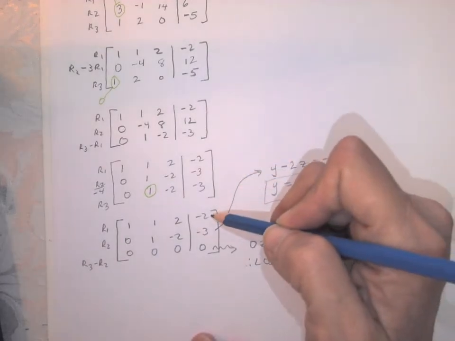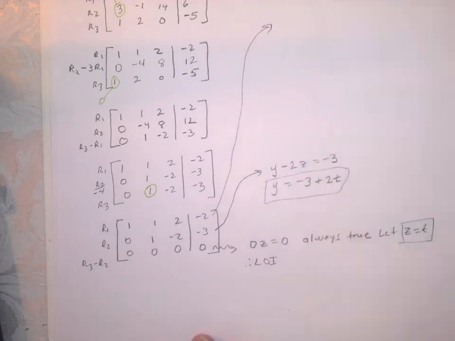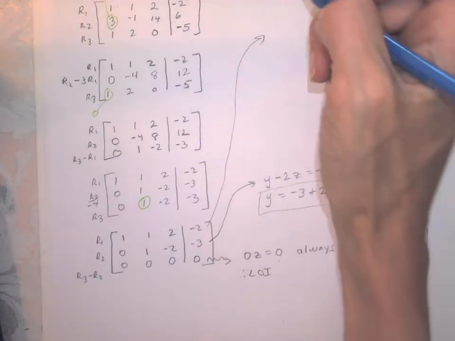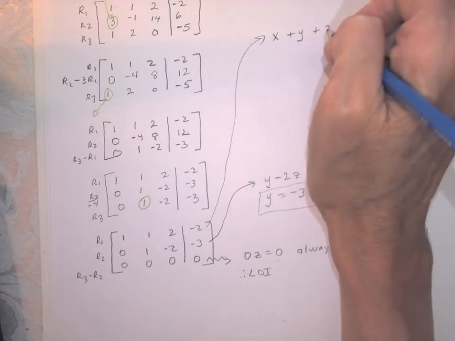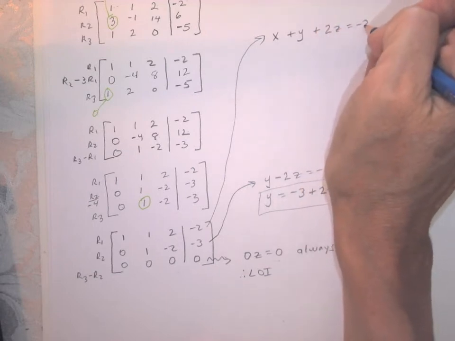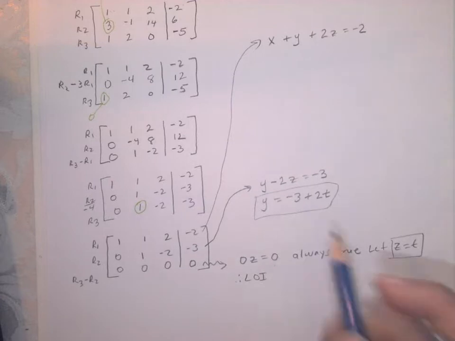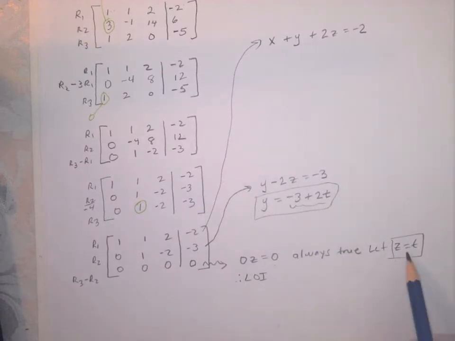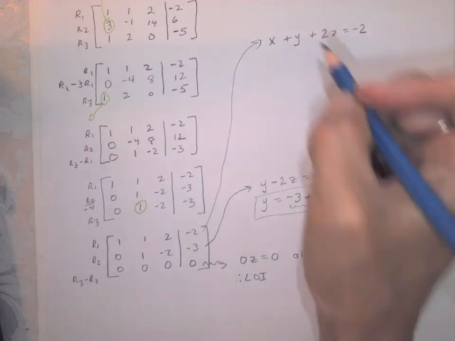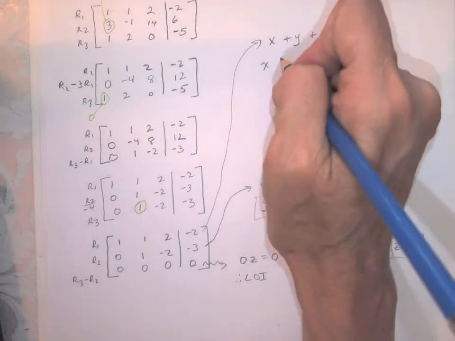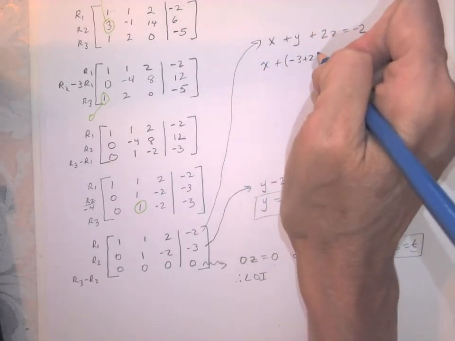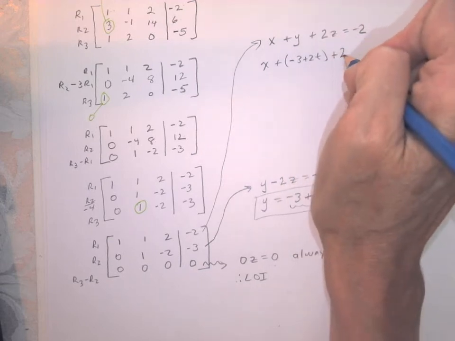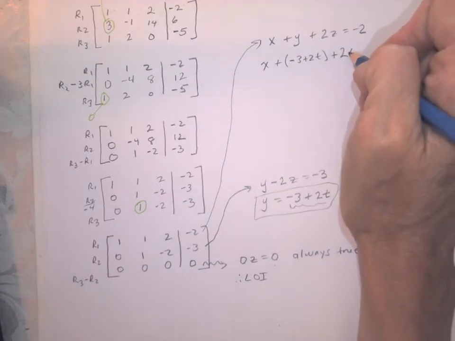We're going to do the same thing with row 1, but it's going to take a few more steps. Row 1 says that x plus y plus 2z equals -2. But we have y in terms of t, and z in terms of t, so I'm going to substitute there. I'm going to replace y with -3 plus 2t, and replace z with t.